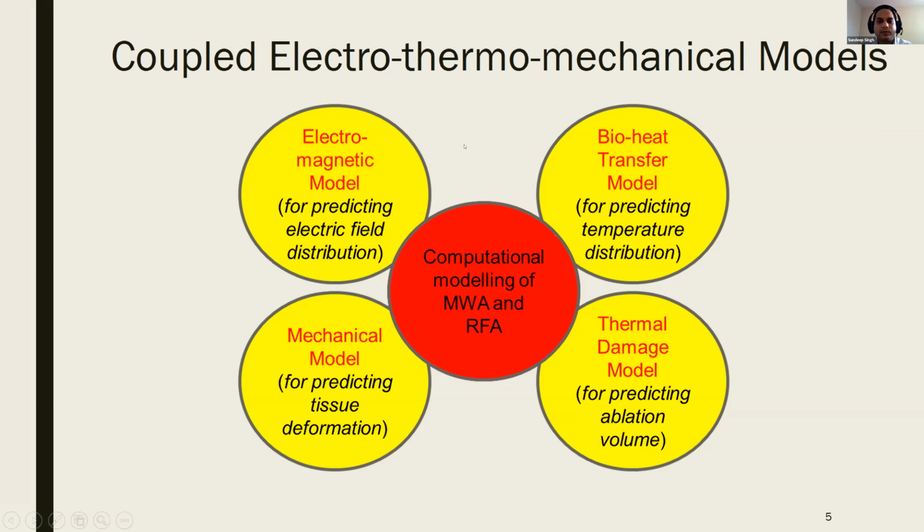Several studies have been reported in the past several decades on modeling of cardiac ablation, but in most of them the effect of tissue deformation has been neglected, and they are based on only electrical and thermal parameters. So in this particular study, we have coupled the mechanical effect as well, whereby we try to couple the effect of tissue deformation within the cardiac tissue due to non-uniform heating during the cardiac ablation procedure.